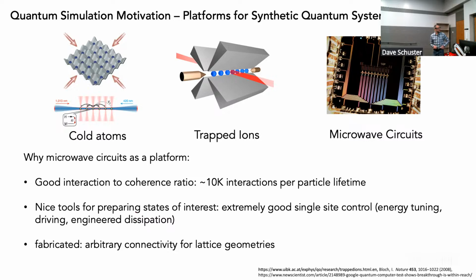This is something Alicia really pioneered: we're not limited to the lattices that come from just putting a bunch of atoms together and annealing them and seeing what you get. You can do things that would be hard to do, but even things that would be impossible to do.